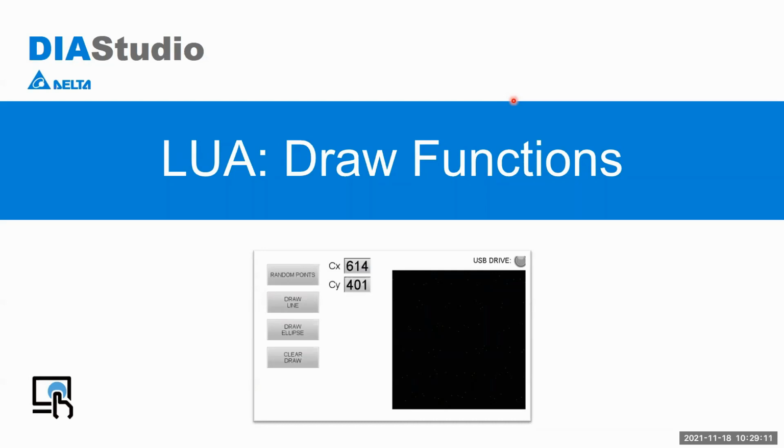So you need to create a kind of drawing of the result of this machine. In that case, you need a way to create your own drawings, not in real time. I mean, you don't need to open DIAScreen to create or import the file and send it to the HMI. You can have this drawing dynamically. That's the kind of application where the draw functions are very, very useful.